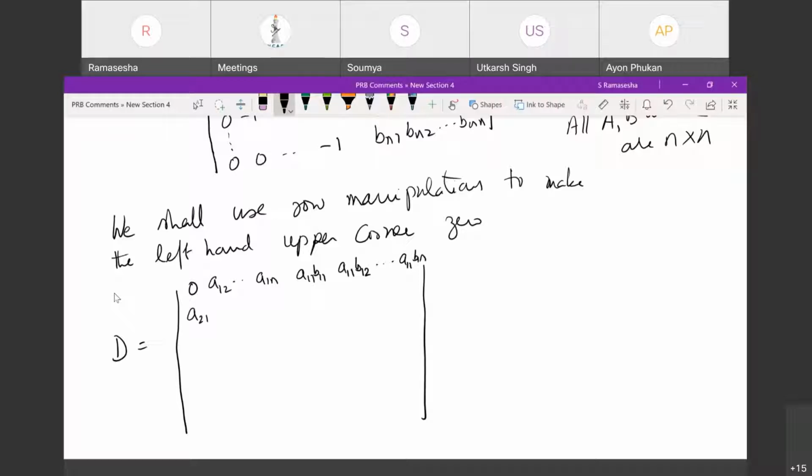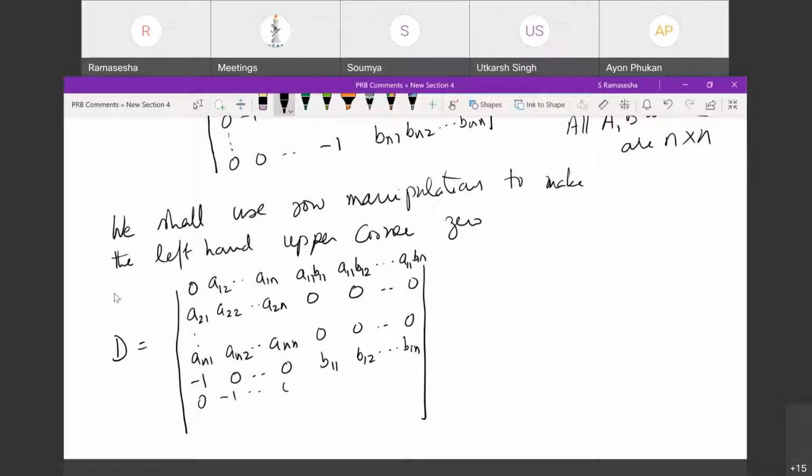Then A21, or rather A22, ..., A2n, 0, 0, then An1, ..., then 0, 0, then -1, 0, B11, B12, ..., B1n, 0, -1, 0, B21, B22, ..., B2n, and then all the way down to 0, 0, 0, -1, Bn1, Bn2, ..., Bnn.